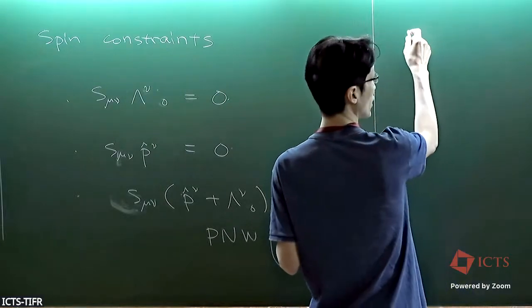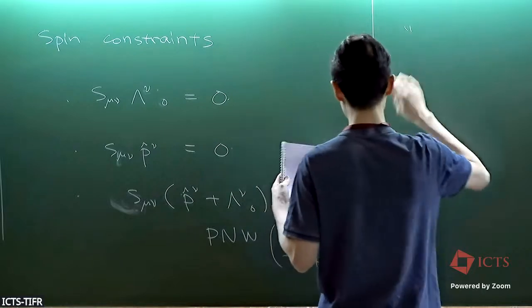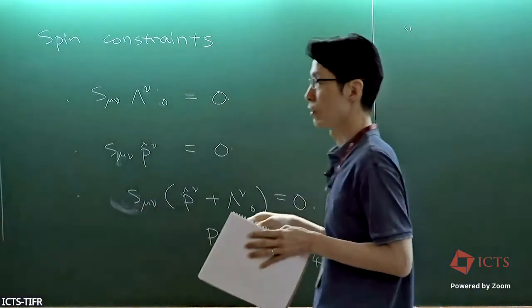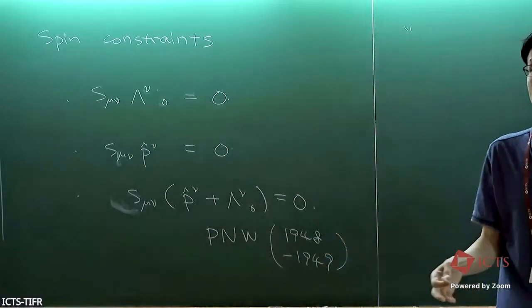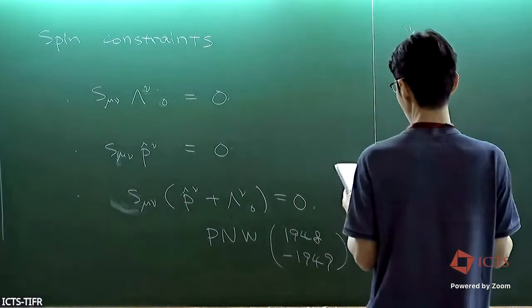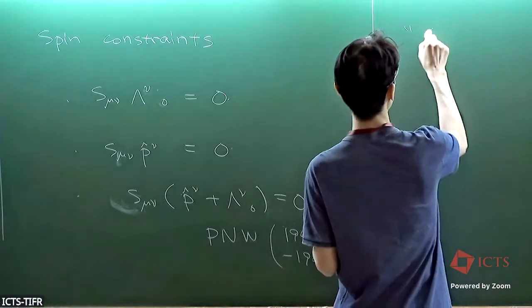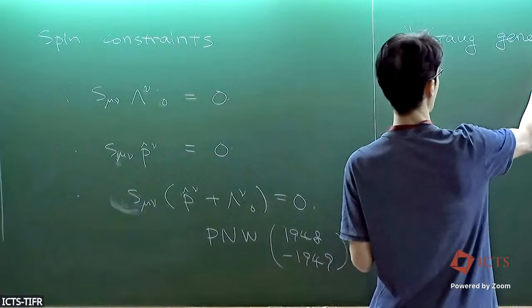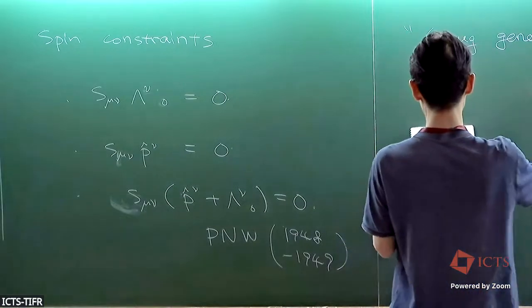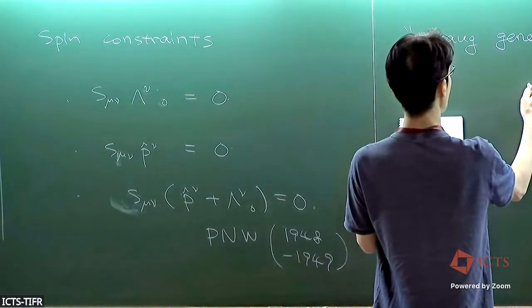A key idea is to separate the constraints into gauge generators and gauge fixing conditions. And let me specify what I mean by that.